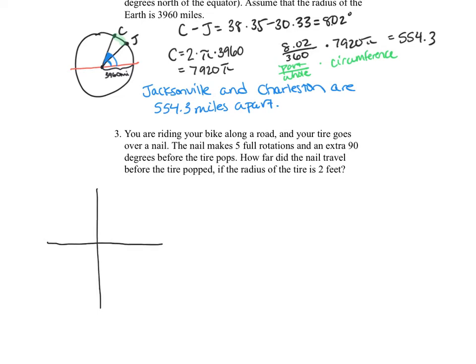When the tire picks up the nail, normally we start over here, but no one's sitting there with a nail gun trying to shoot at your tire. It's going to pick it off the ground. So we're going to start down here, and we're going to go around 1, 2, 3, 4, 5 rotations and an extra 90 degrees.